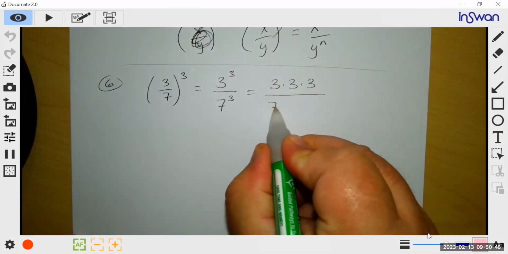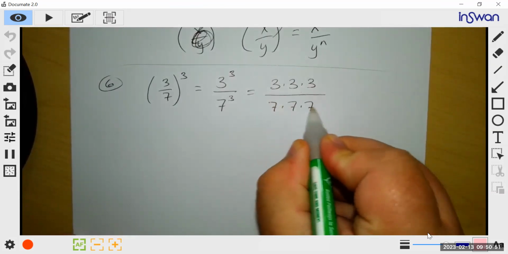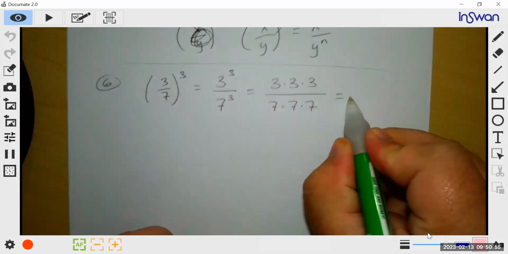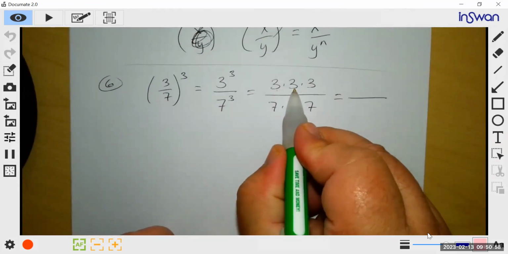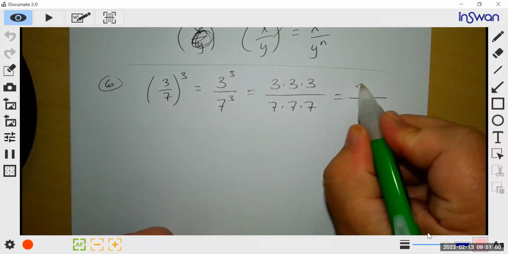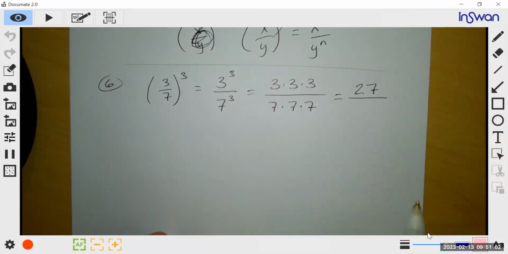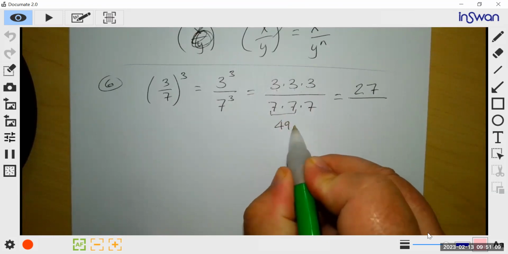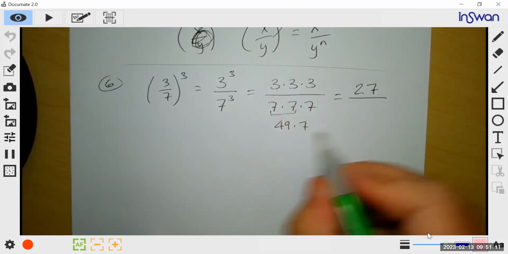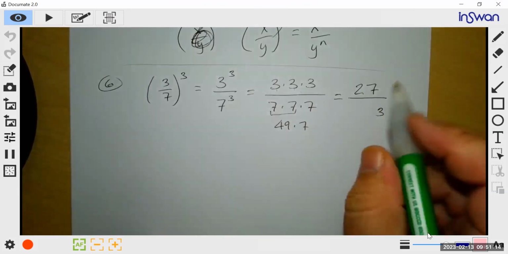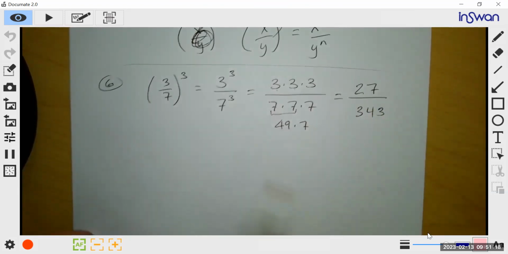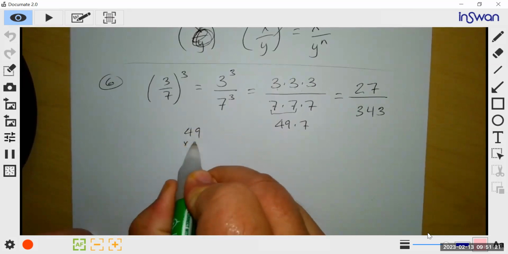This one means 7 times 7 times 7. 3 times 3 is 9. 9 times 3 is 27. 7 times 7 is 49. 49 times 7. 343.